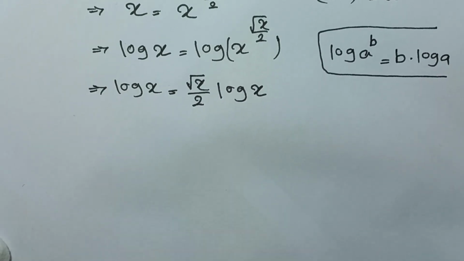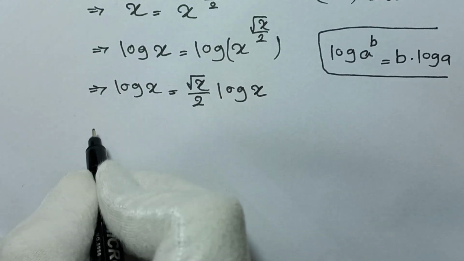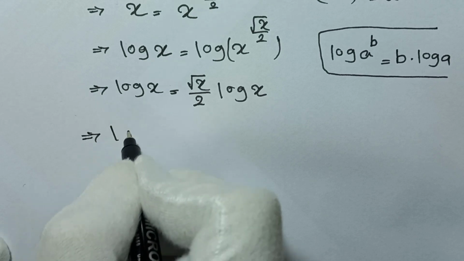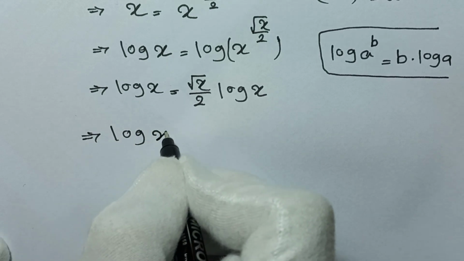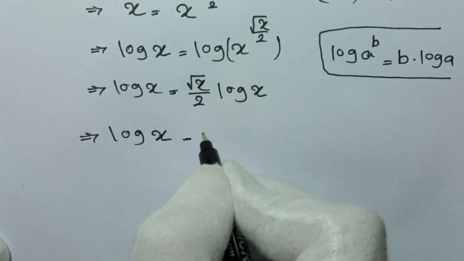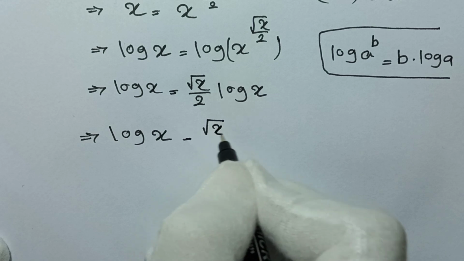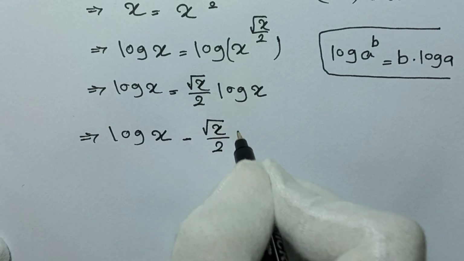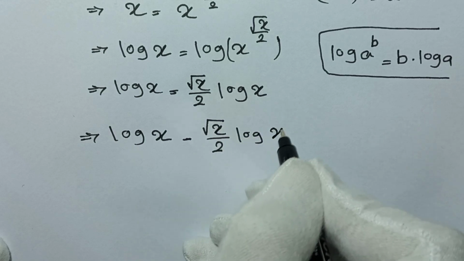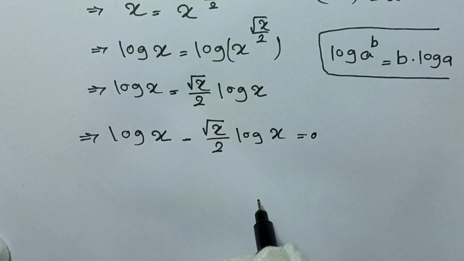And in the next step we take this to this side, and it will be log of x minus square root of x over 2 times log of x equals 0.